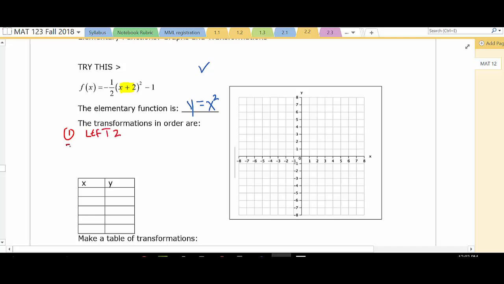The second thing you do, and you have to do this by order of operations, is think of it this way: if you knew x, say x is 0, you would do inside parentheses number 1, then you would multiply, then you would subtract. That's following order of operations. What does the negative 1/2 do? It does reflect because there's a negative. What's the 1/2 do?